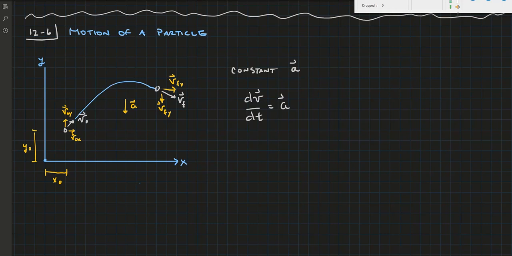Since we're dealing with components that are going to be scalars in the x and the y direction, we can look at this in terms of direction. So we can look at, say, the y direction, and we can do our separation of variables, and we'll go from v0y to the final v.